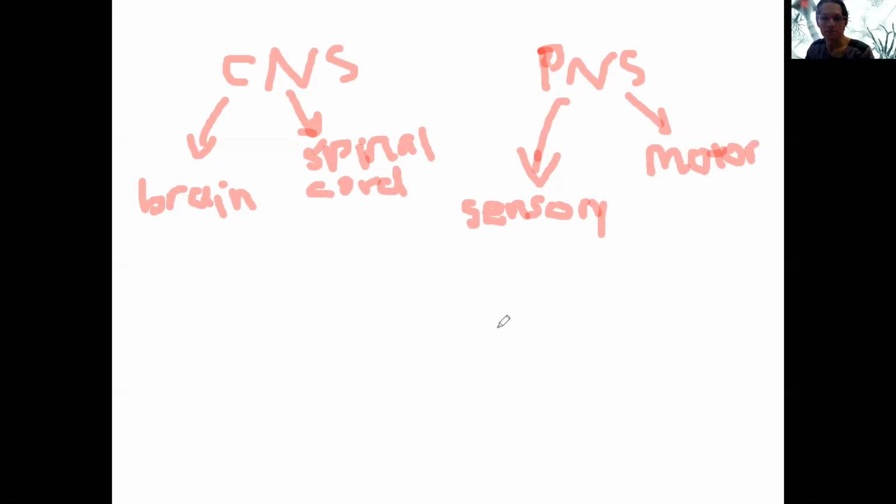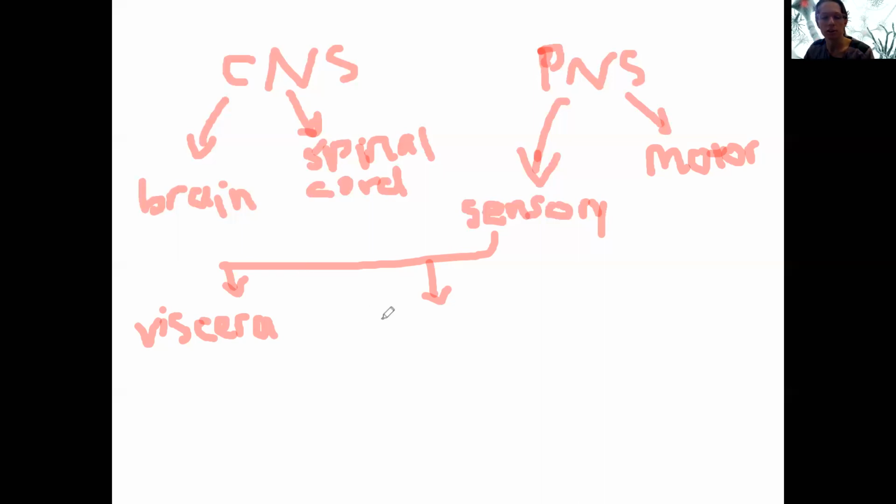So that's the basics, but there's further divisions. So the sensory division can be divided into visceral and somatic. What this means is the visceral is basically your viscera, so inside stuff. This is also called your autonomic, so an autonomic reflex, such as the eye blink reflex.